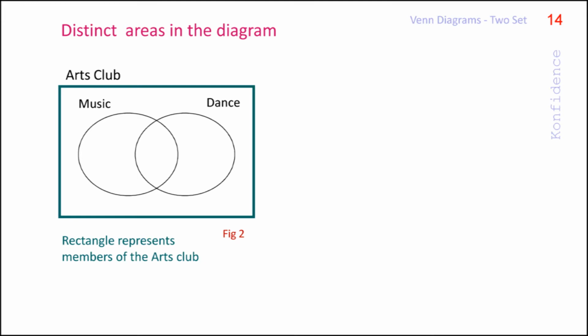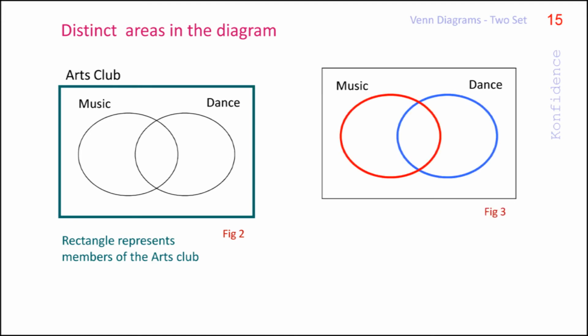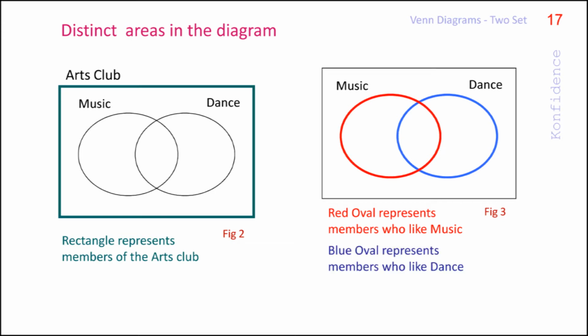Rectangle represents all the members of the club. This is what we learned as universal set in set theory. Here, the universe is all the members of the club. In the second figure that you see, the red oval represents members who like music, and the blue oval represents members who like dance.